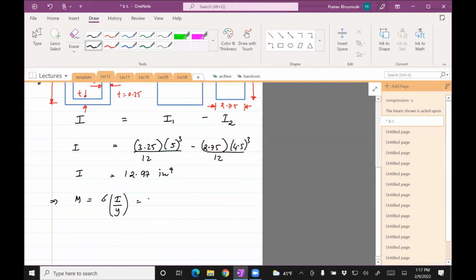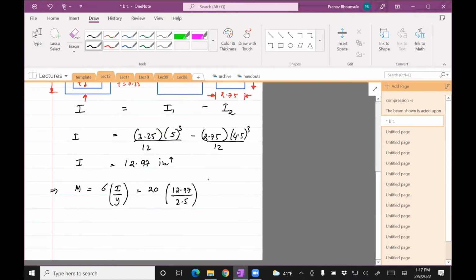Sigma max, I believe, is 20 KSI. Inertia is 12.97. The Y is Y max, it's 2.5. And then I get 103.8. So M is 103.8.